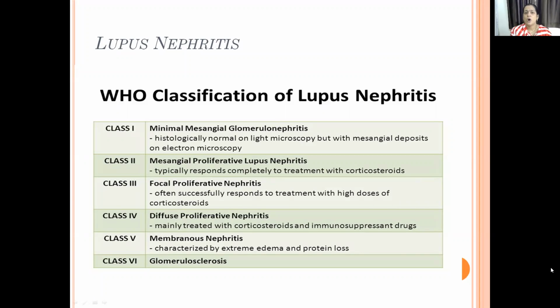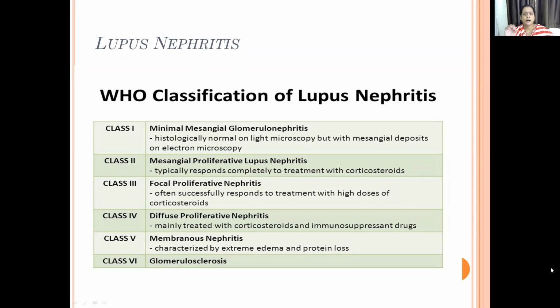So what is happening? The butterfly rash, photosensitivity, arthralgia, arthritis, all these things will happen, right? There is a whole house full of lesions occurring in systemic lupus erythematosus, which if it involves the renal parenchyma, causes lupus nephritis.